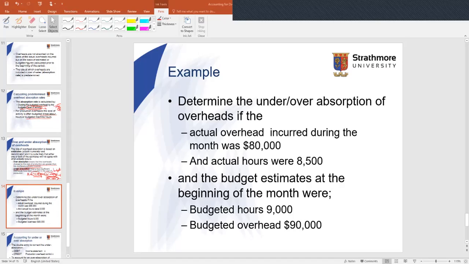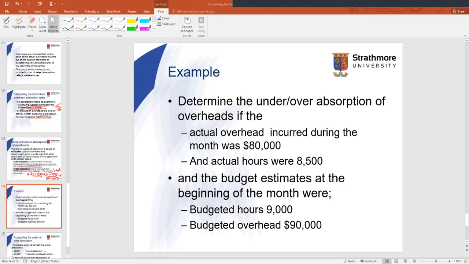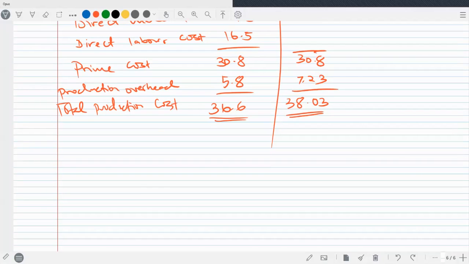The first step is for us to determine the absorption rate. First we need to get the absorption rate that was actually used.